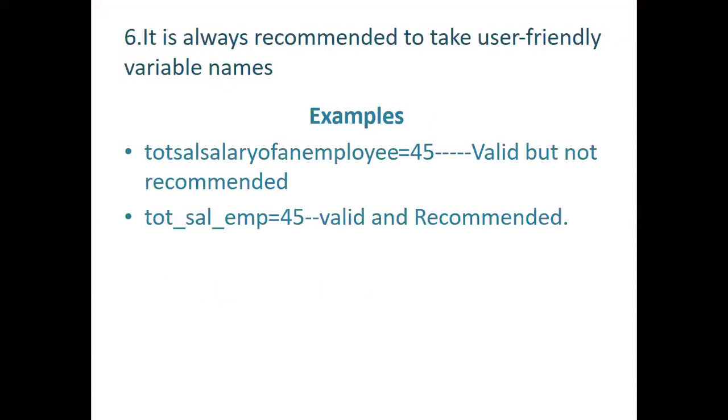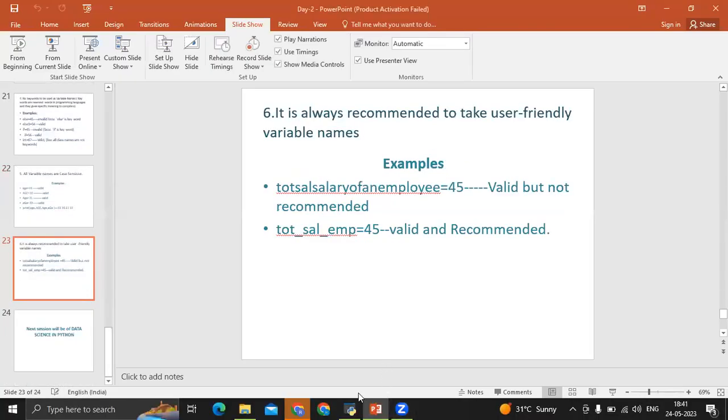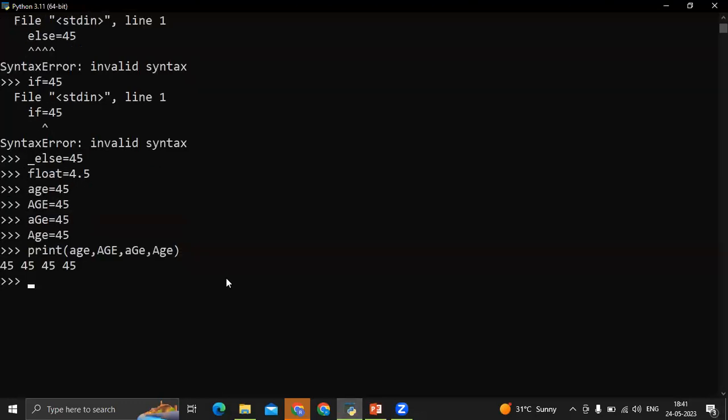Now, it is always recommended to use user-friendly variable names. What do we understand by user-friendly variable names? Like, if I want to write total number of employees, there should not be spaces, students.